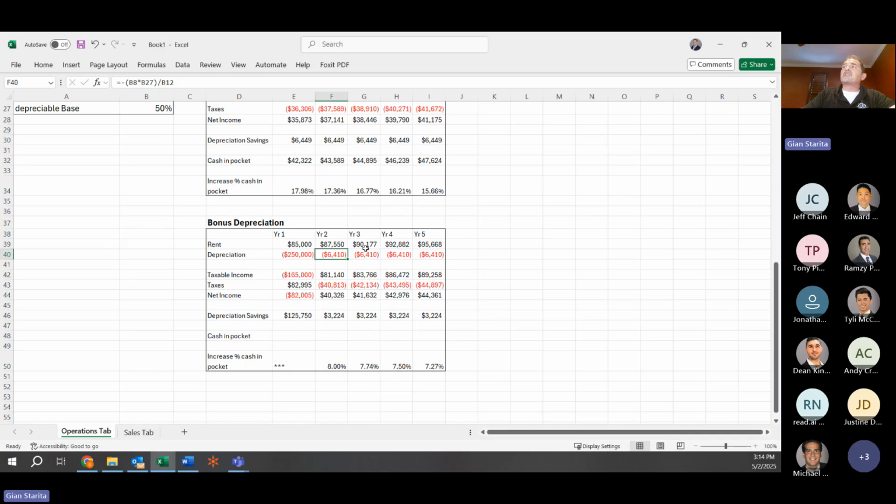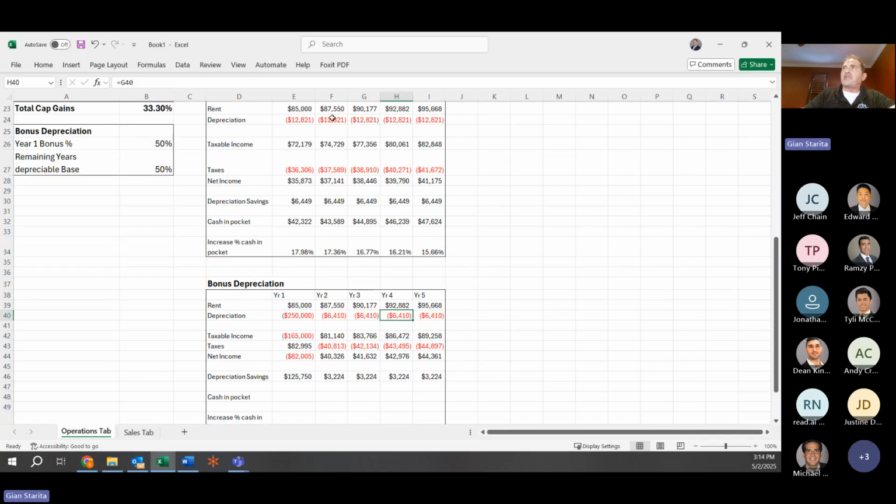In the other years, I'm still depreciating 6,410, which you'll notice is roughly half of that 12,000. So I took half of my depreciation as bonus in year one. The other half I'm still spreading out over 39 years, although there are other schedules you can use. I'm just trying to give you 30,000-foot-view examples of how this works.